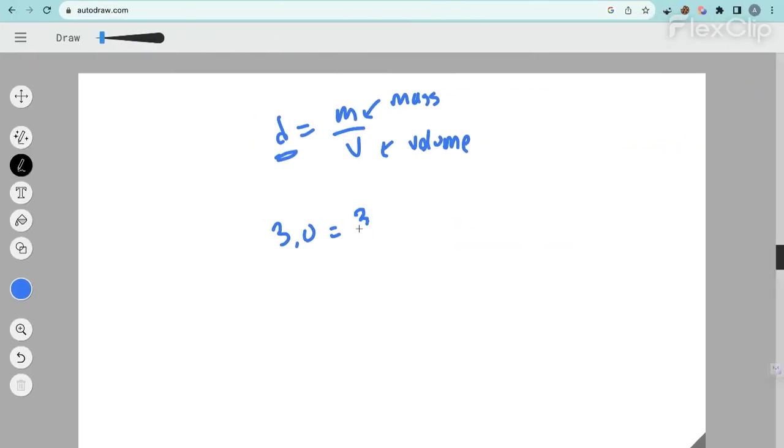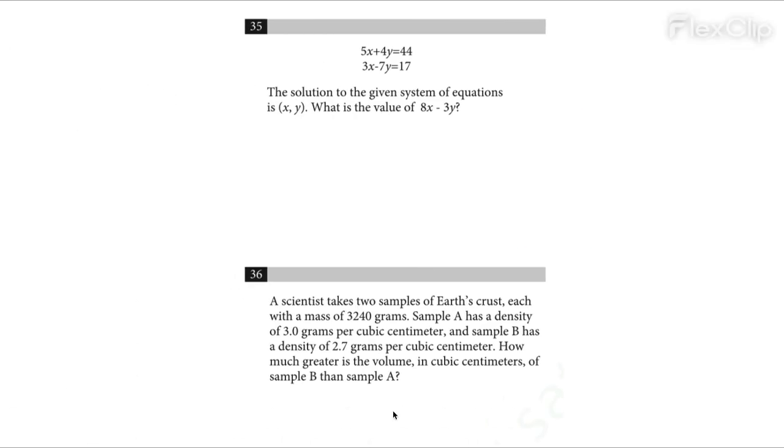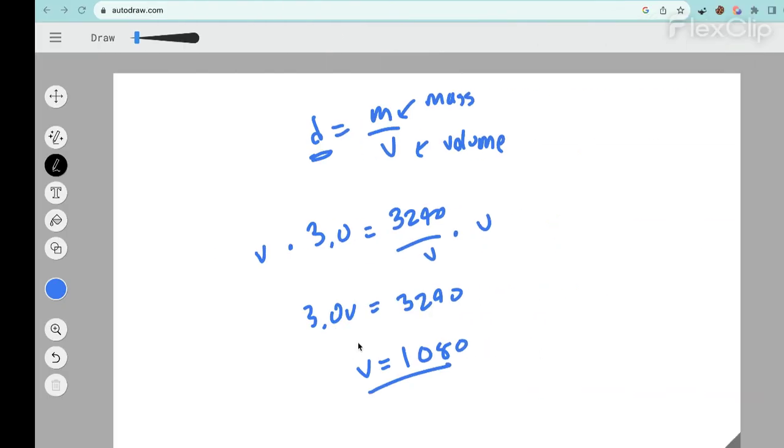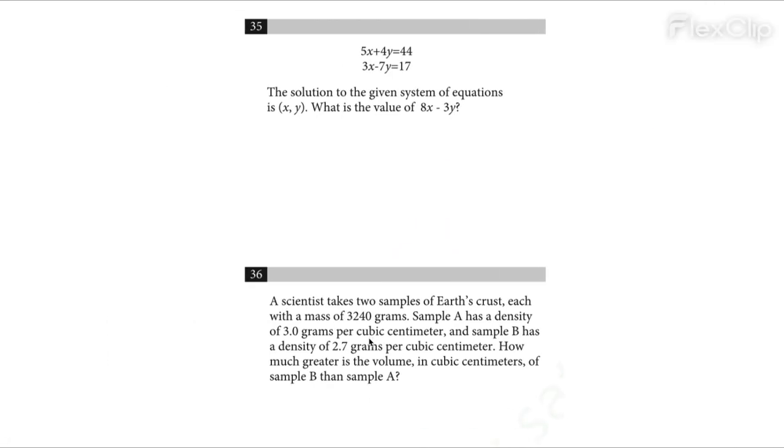We also know that the mass is 3,240. We would just solve for V to find it. So the volume for sample A would be 1,080.